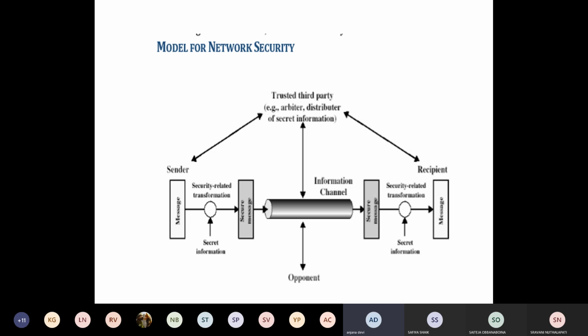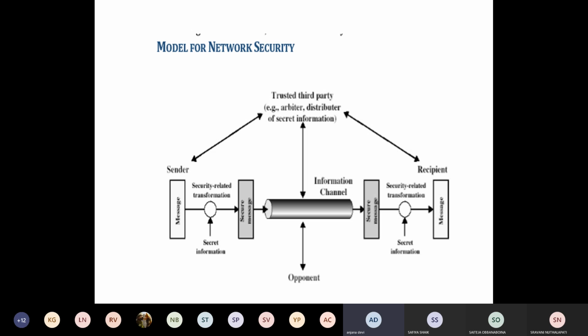Here is the third party, the trusted third party. This person is a trusted third party, that is we can say an arbiter, distributor, of the secret information. See, this is the information channel. Here some opponent should be there, who always tries to steal our data, such that he always tries to record the data.